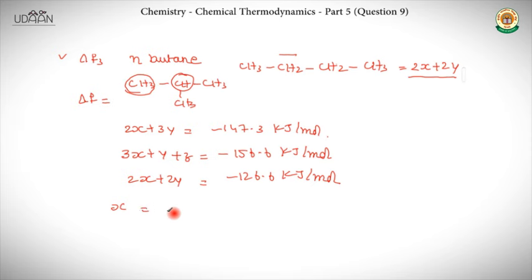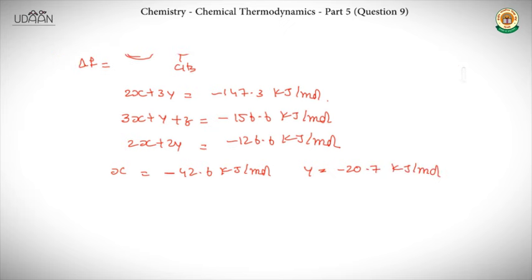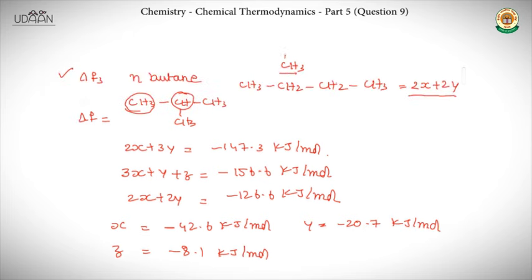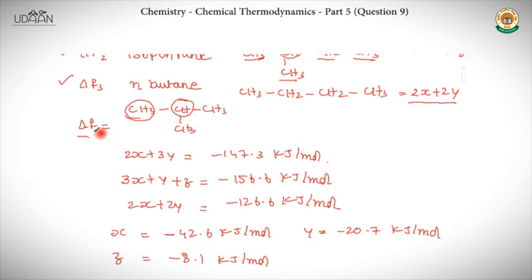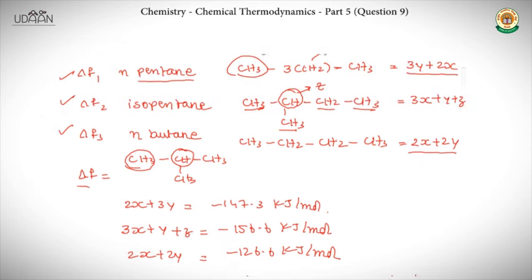Solving this, we get x as minus 42.6 kilojoules per mole, y as minus 20.7 kilojoules per mole, and z as minus 8.1 kilojoules per mole. I just solved these three equations. So I need to find delta F formation for isobutane.